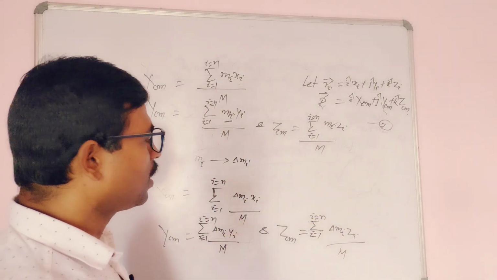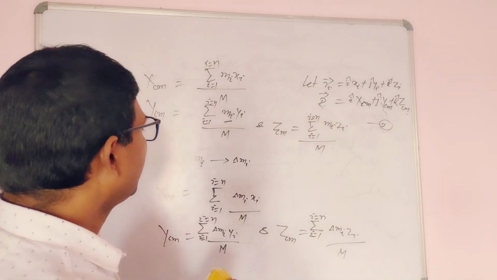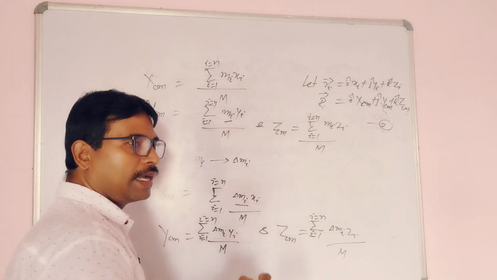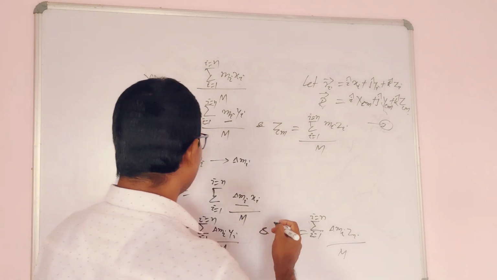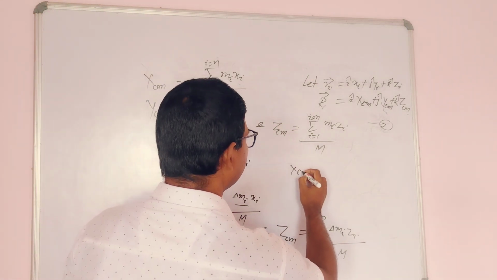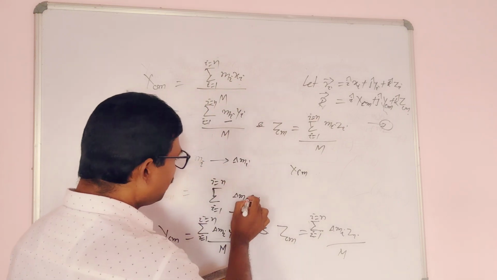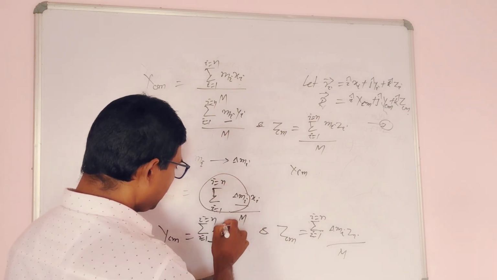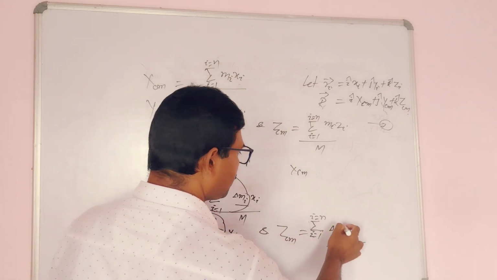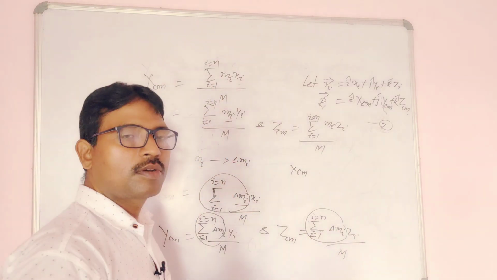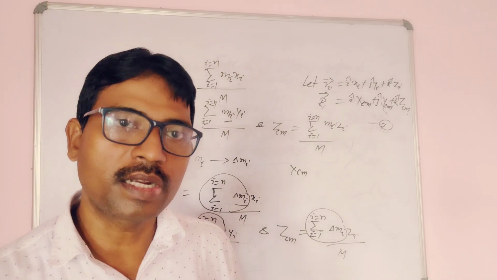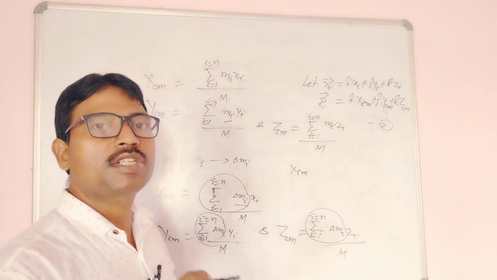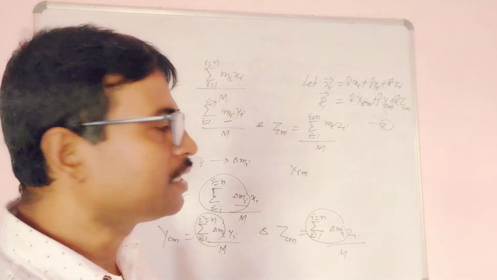In this way, you will apply this formula. Now delta mi you can write for the complete object. It is very difficult to find if you calculate delta m1, delta m2, delta m3, up to delta mn. For that reason we are using calculus, that means integration.